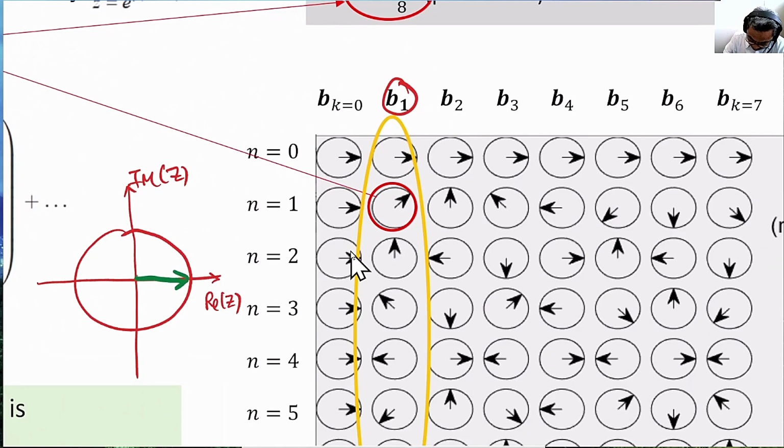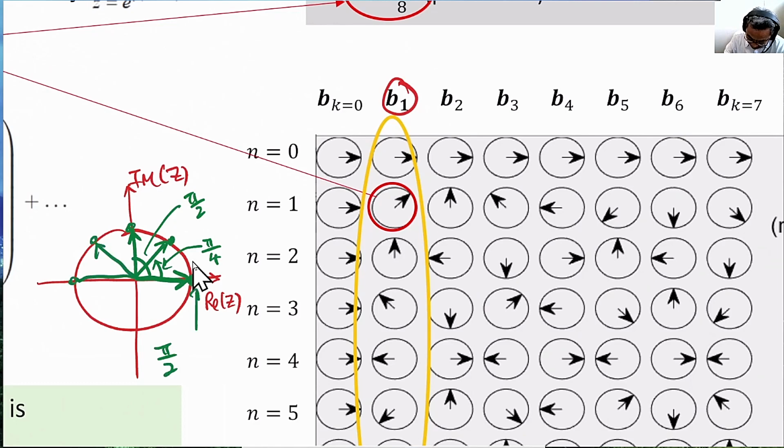Now, I draw the second one. The angle is π/4, which is 45 degrees. The third one is angle π/2. So at every step, I move from this point to this point to this point, by π/4.